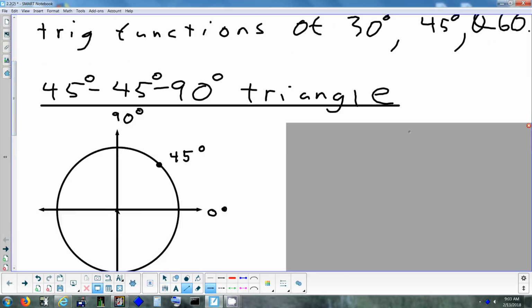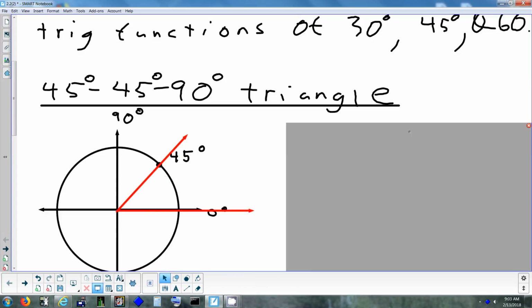So if you're drawing an angle, and I'll do it in a different color, that's the terminal side, going right through the mark on the circle for 45 degrees. And there's your initial side. That's what I mean. That's a 45-degree angle.